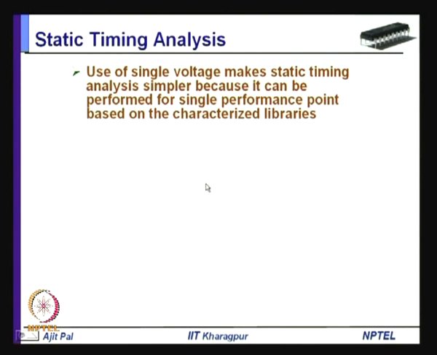Coming to static timing analysis, as I mentioned, the use of a single supply voltage makes static timing analysis simpler, because it can be performed for a single performance point based on characterized libraries. You operate at one voltage, consider the worst case process, voltage and temperature variations, and characterize for that single voltage.